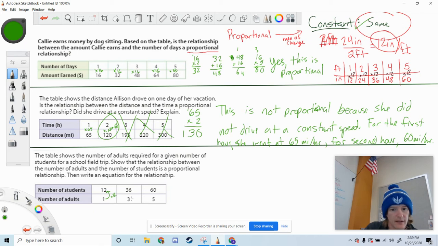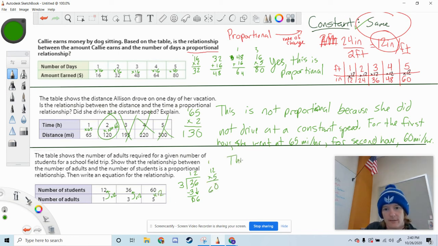I can see here I'm multiplying by something. Let's do 36 divided by 3 just to check. 3 goes into 3 once, subtract 1, bring down a 6. That's 12. So this is times 12. And let's see, 12 times 5, is that 60? 10, 60, yes, times 12.